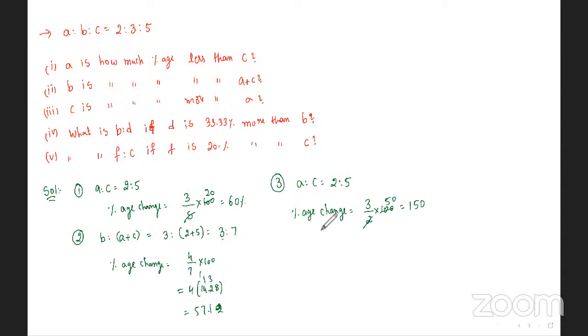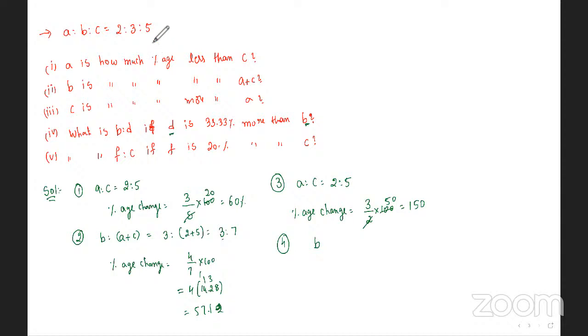Now what happens if we go for question number 4. Now I am asking the ratio by giving the percentage change. Yahan there is a new variable D which is being compared with B. So, if I am talking about B is to D, before that, यहाँ हमारी B का वैल्यू क्या है? 3x.